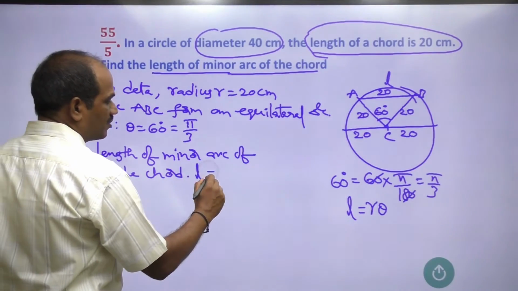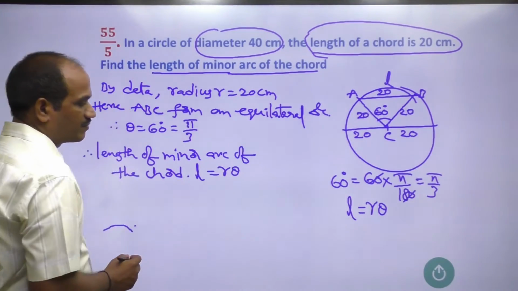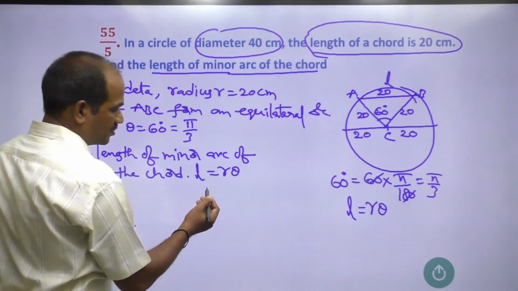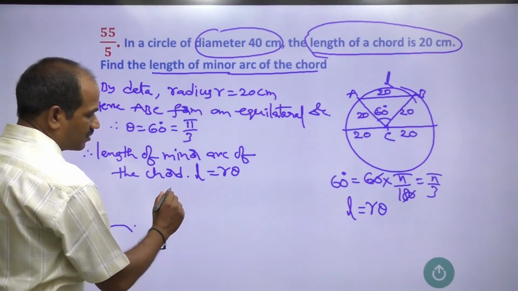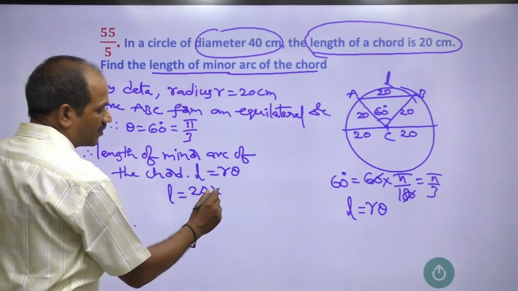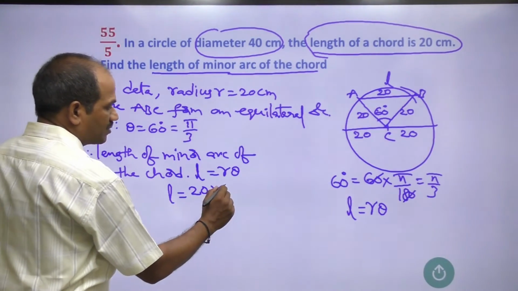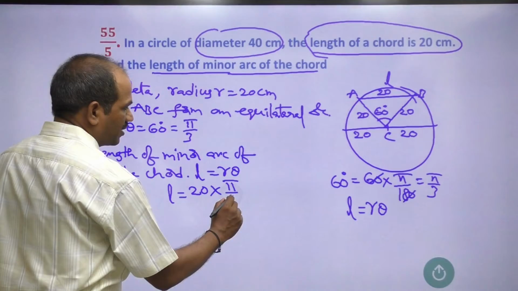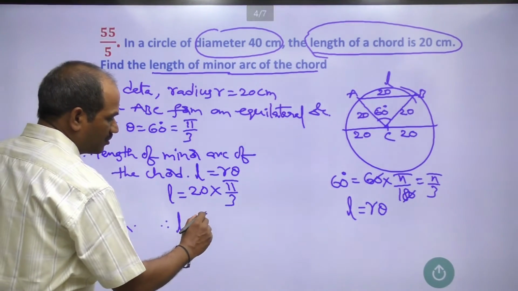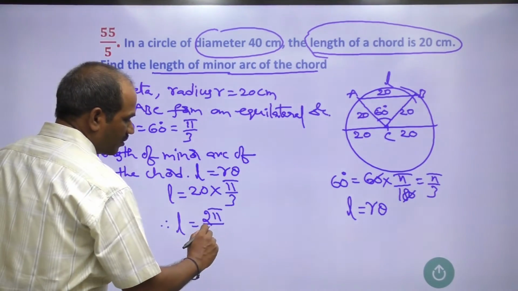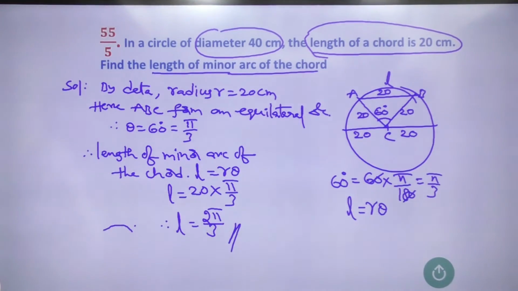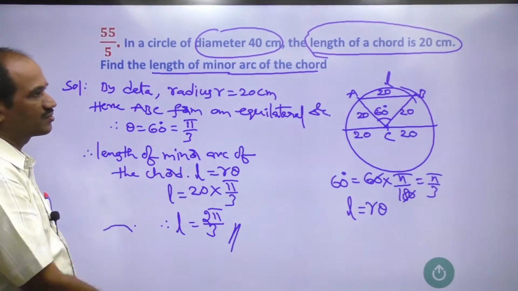So L is equal to r into theta, the length of the arc. Replacing, L is equal to r theta, where the r value is 20 centimeters and the theta value is pi by 3 radians. Therefore L, the length of the arc, is equal to 20 pi by 3 radians. Write this question and practice one time.